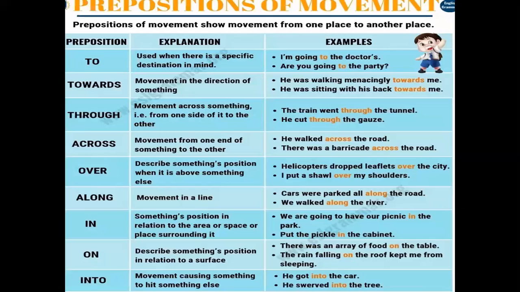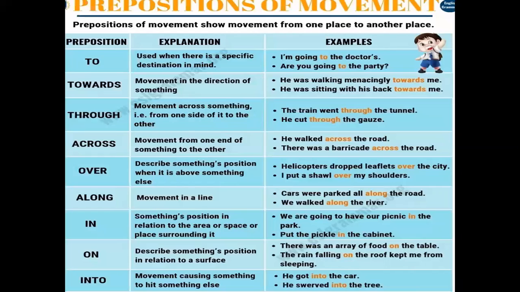So we can use in there. Now on is used to show the position in relation to a surface. Like, there was an array of food on the table. So the table is a flat area or a surface. The rain falling on the roof kept me from sleeping. So again, the roof is an area.